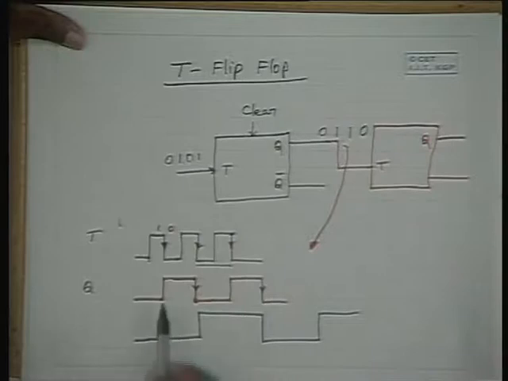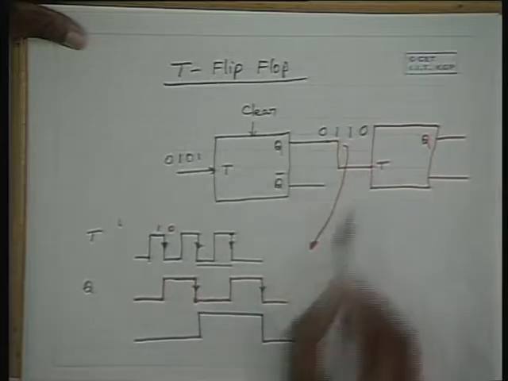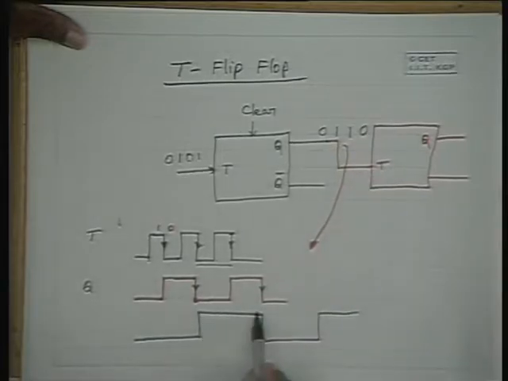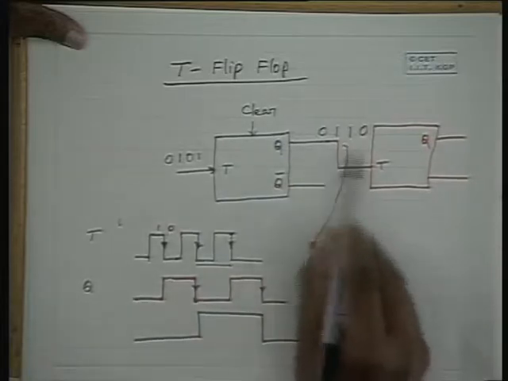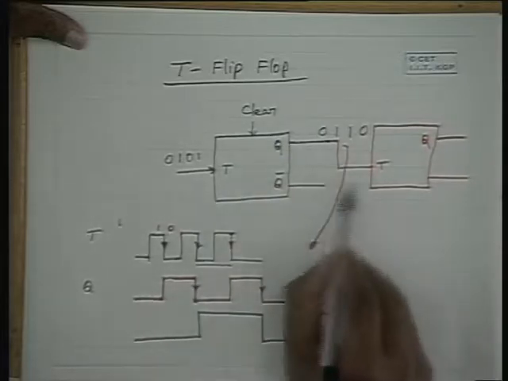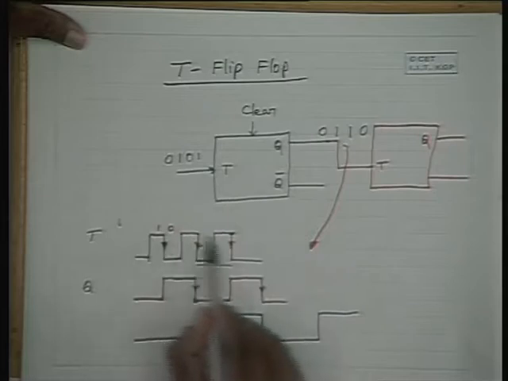For the second flip-flop, after the end of the first cycle at its input, this one will change to 1. After the end of the second cycle, this will go back to 0. So please note that one cycle here is equal to 2 cycles of the input waveform.